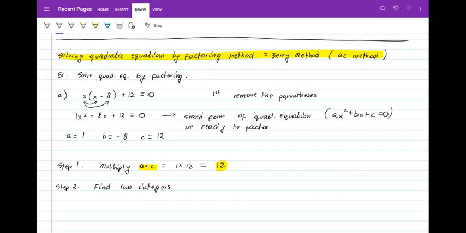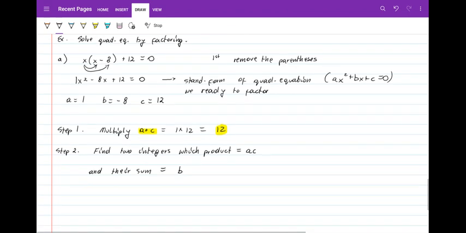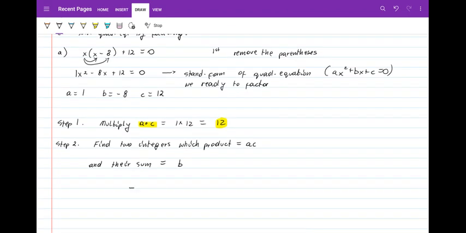So find two integers, which product equal to AC, and they sum equal to coefficient B. Okay, so I'm looking for two integers, which product it's equal to A times C.